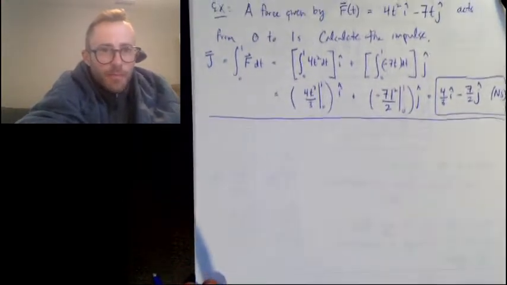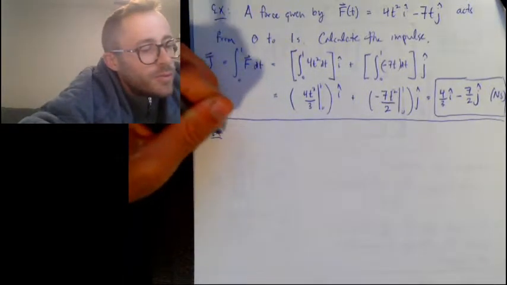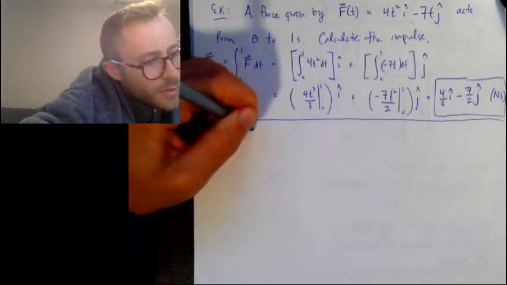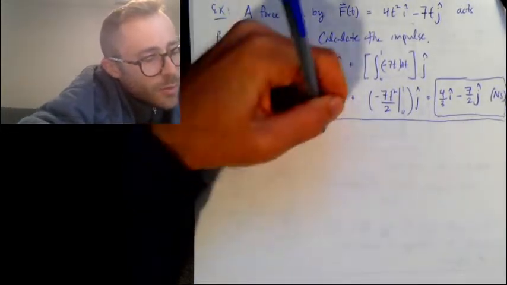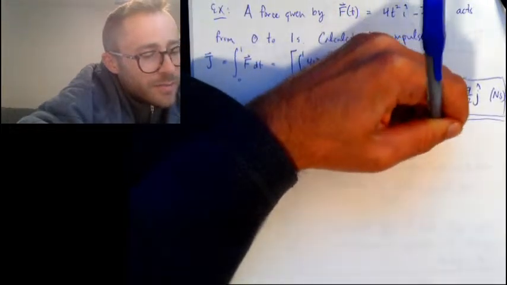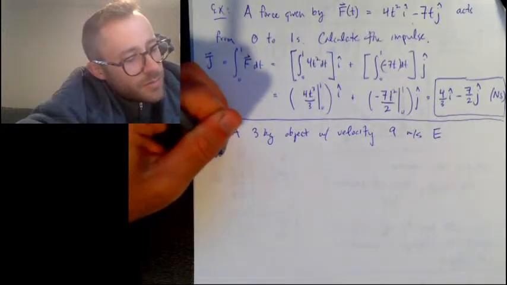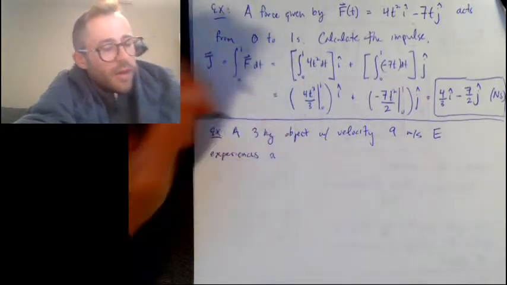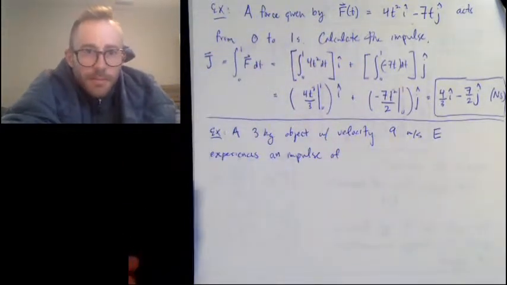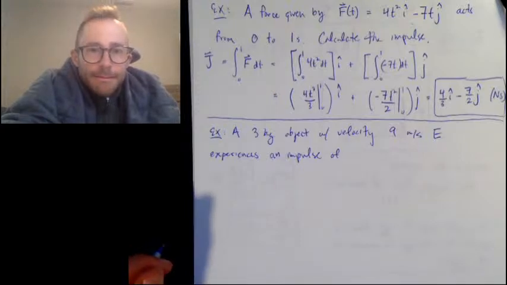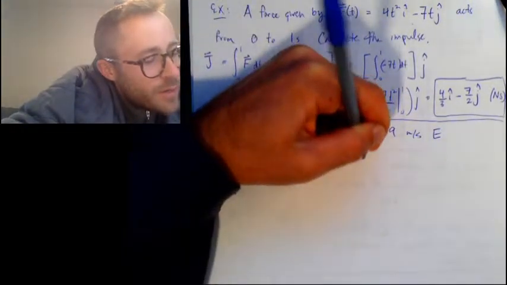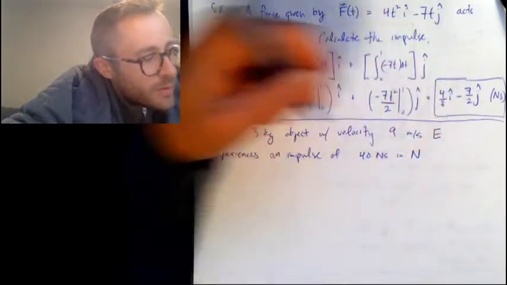Let's do another example. Let's suppose a 3 kilogram object with velocity 9 meters per second east experiences an impulse of, let's say, 40 Newton seconds in the northward direction.